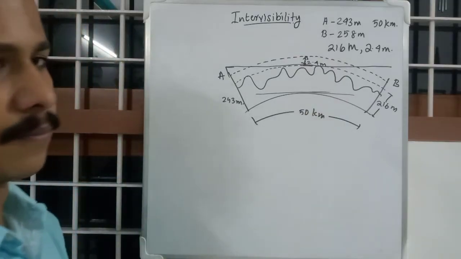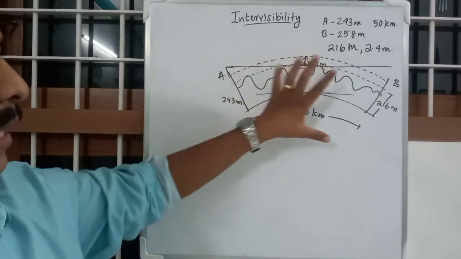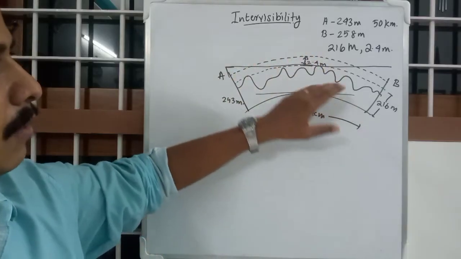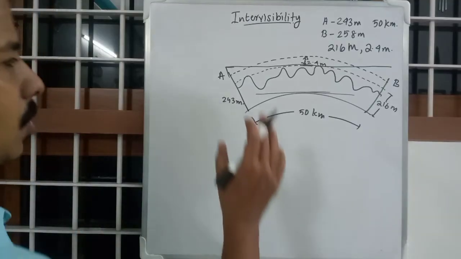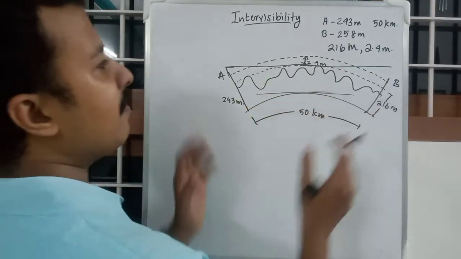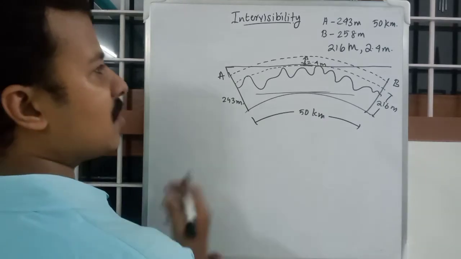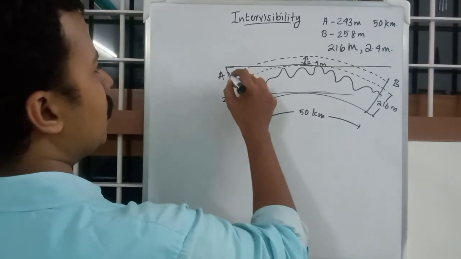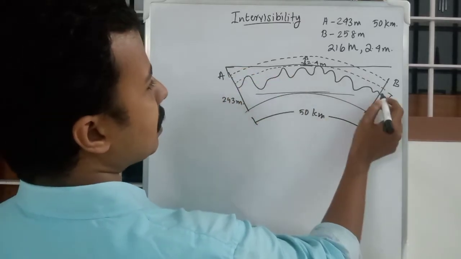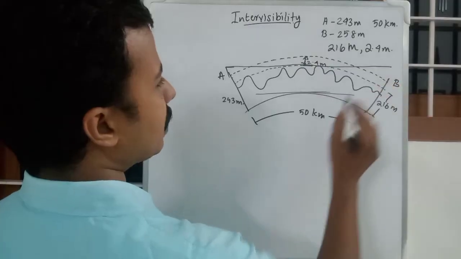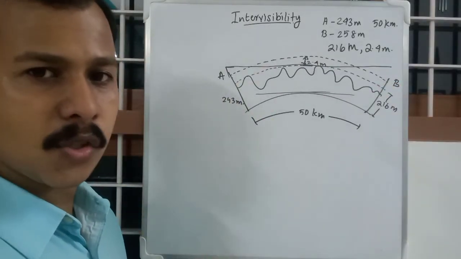Okay, so we have a complicated diagram, not so complicated, but we have two more details added to our last diagram. So we want to simplify this. How can you simplify this? We can assume that 216 meters and this 2.4 meters are to be cut out from our system.